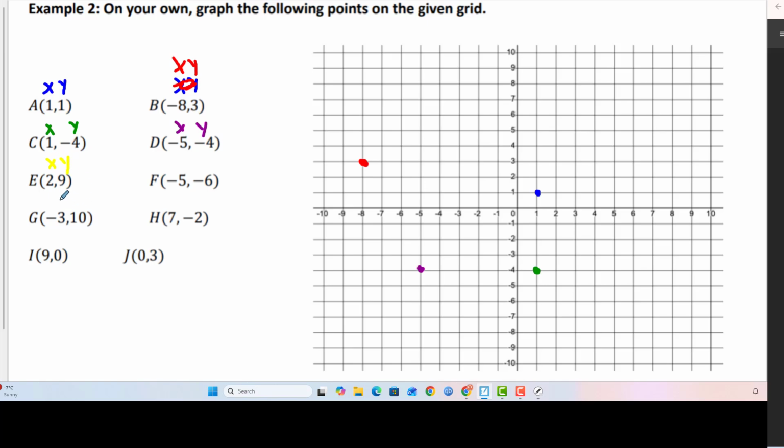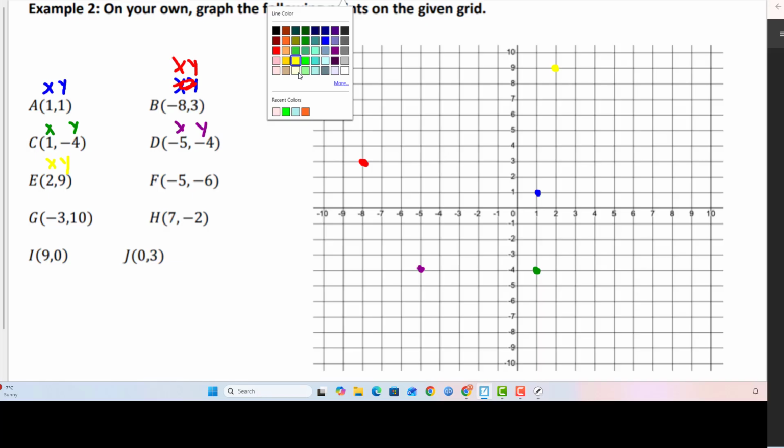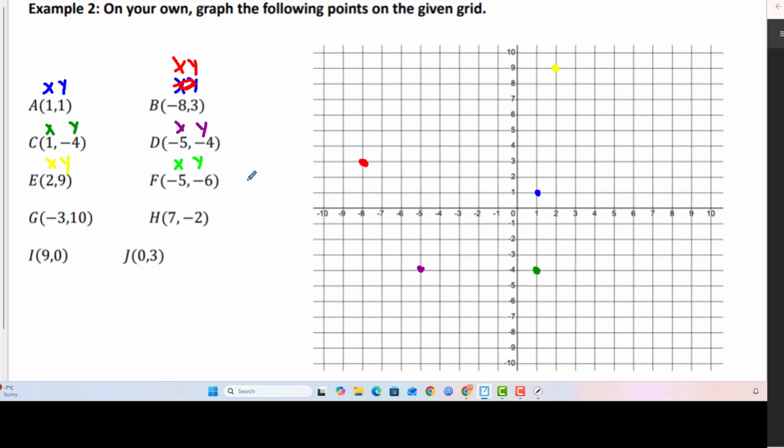Here we have 2, 9, so 2 to the right, and all the way to 9 here. And we don't need to count, because we know 9 is there, we know 2 is here. So if you want to get really large numbers, there's no need to count. You can just look at the scale to help you out. X, Y. So we have -5, -6. -5 is here. -6 is down here. -6, -5, yep.